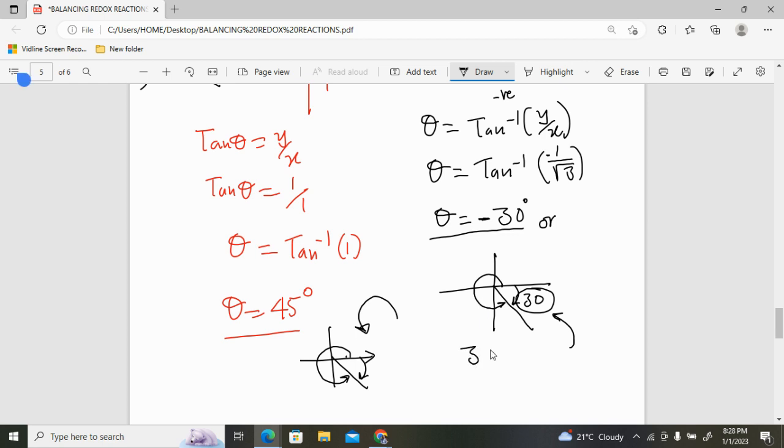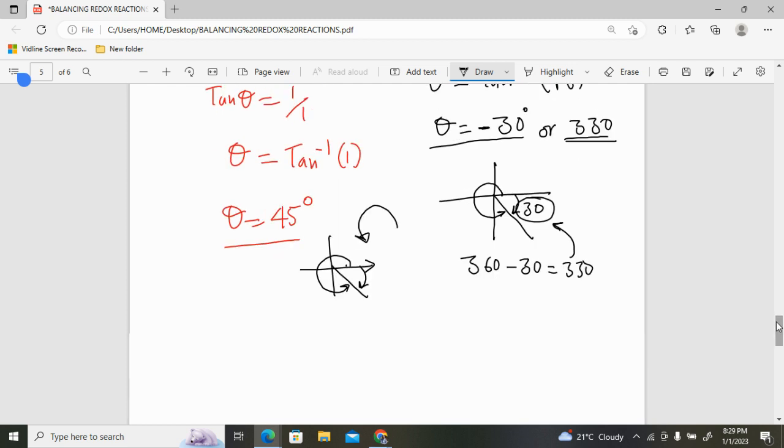It will be 360 minus 30, and that is going to give 330. So this is 330, that's the argument, or negative 30. But every time you're working with angles, give the positive form. It is better. So this is going to be 330 degrees as the argument for this one.